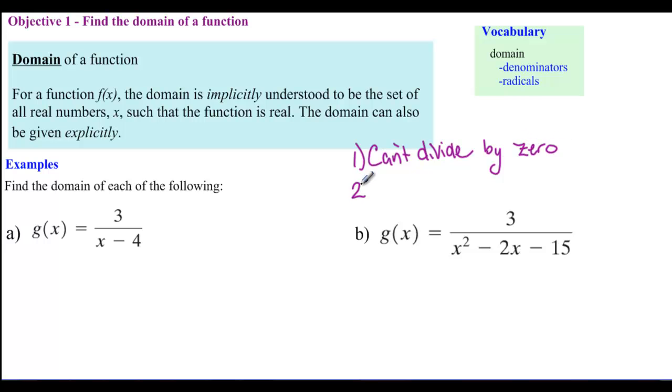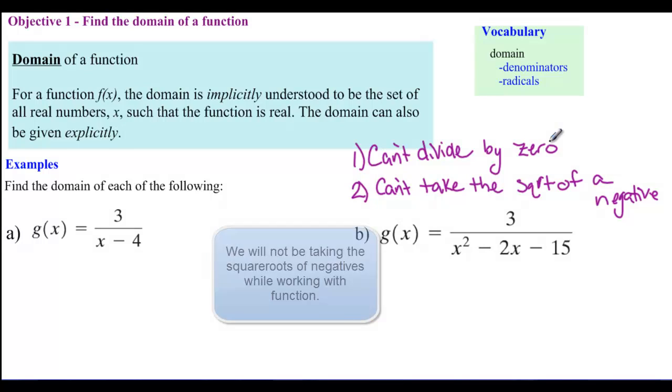And 2, we are not going to take the square root of a negative. So these are the two things that we're going to keep in mind. I do want to talk about number 2 a little bit.